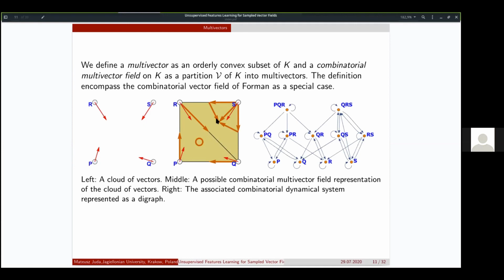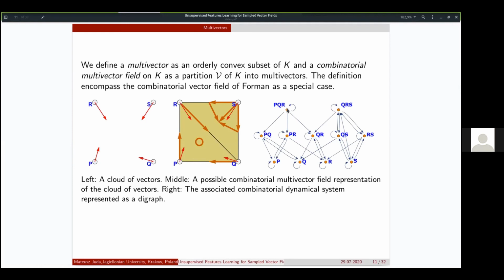Because when you look at this topological space in terms of partially ordered sets, so in short, posets, we can represent the topological space as a partially ordered set, as a directed graph, where the vertices of the graph represent the cells of the simplicial complex, and they are ordered in layers by dimension.